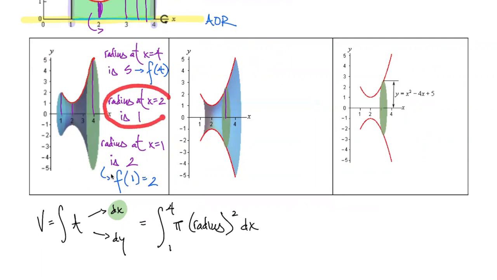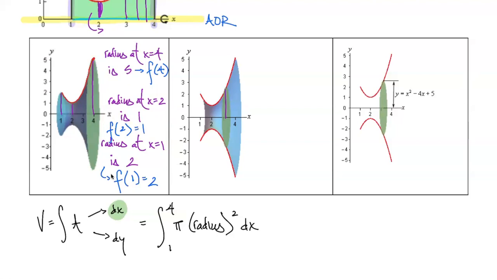Knowing that, how might I rewrite the radius at x equals 2 as 1? How might I write that using more general notation, not just a number? The function, I mean, equation equals 2. We could say f of 2 is 1.